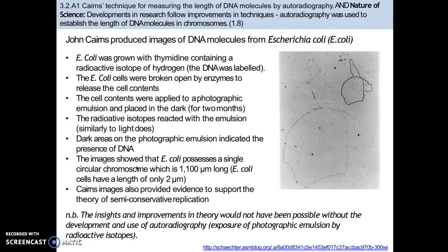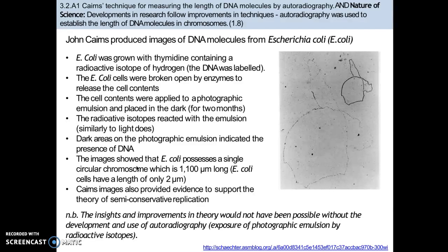And what that meant was that when the E. coli was growing, it would incorporate that radioactive thymine as it replicated its DNA, right? So what that caused was it caused the DNA to be labeled because they could see it using a particular technique that would make the radioactive part visible.